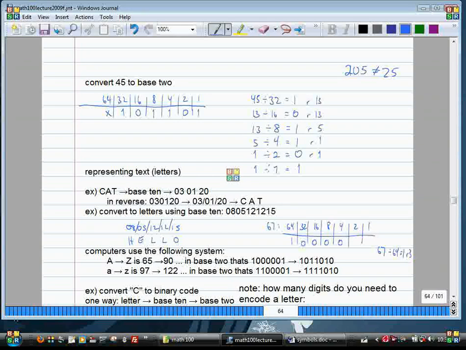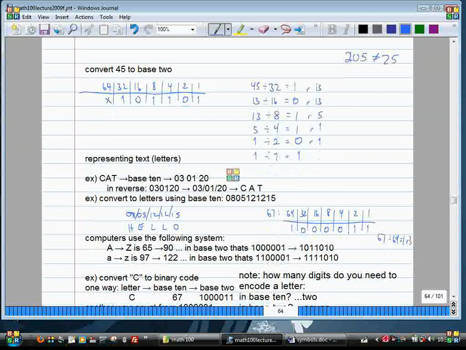And then how many 1s are there? 1. So there you go, in base 2. In ASCII code.